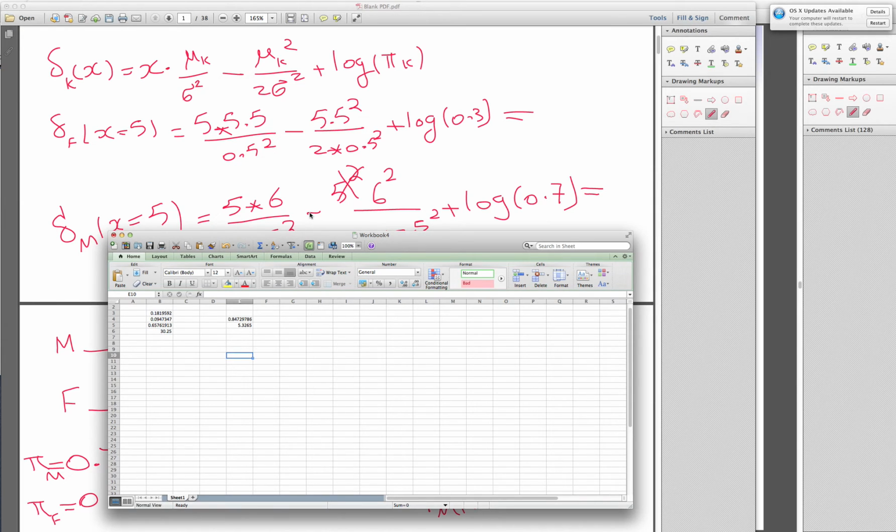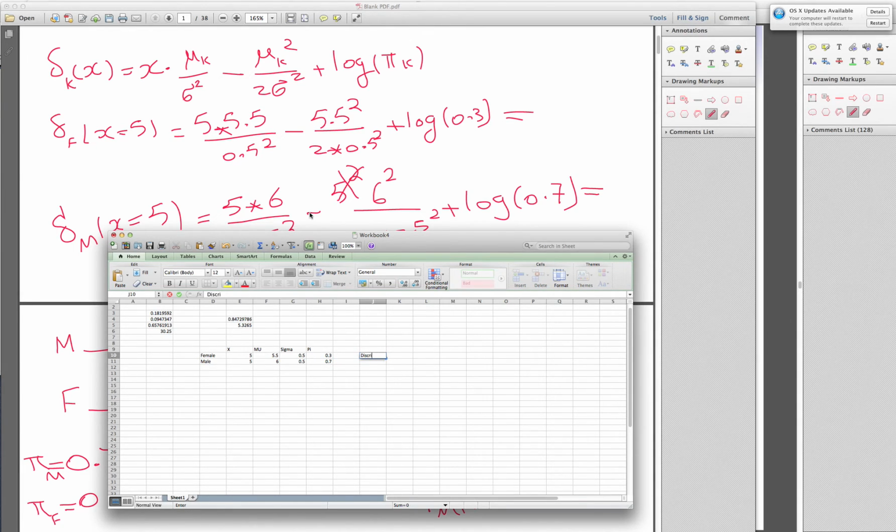Let's put x equal to 5. So this is x, this is mu, this is sigma, this is pi, this is female, and for males. So x was 5, mu was 5.5 and 6, sigma was 0.5, pi was 0.3 and 0.7.